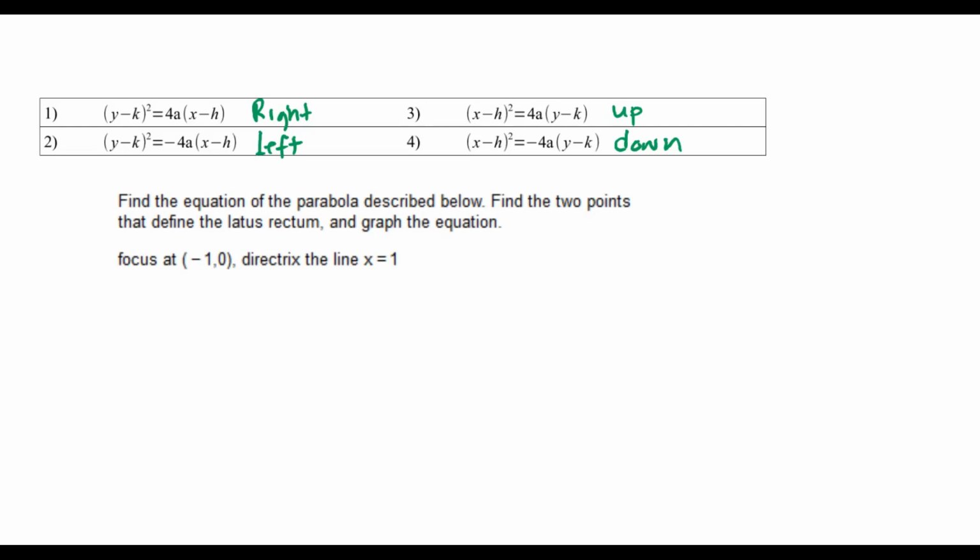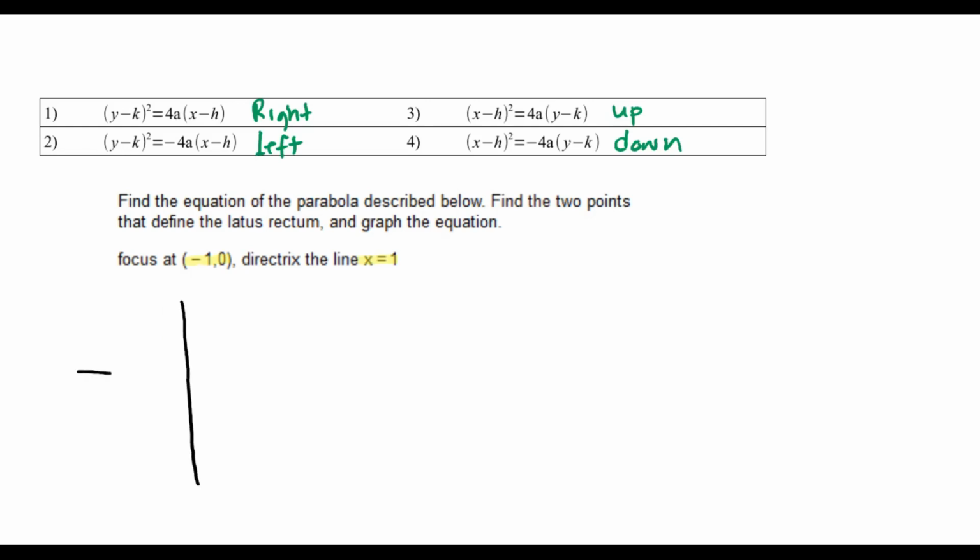With all that in mind, let's give this problem a try. For this example, we're given that the focus is at -1, 0, and that the directrix is the line x equals 1. So the first thing I want to do is figure out the orientation of this parabola. So drawing my picture, this is just a sketch.